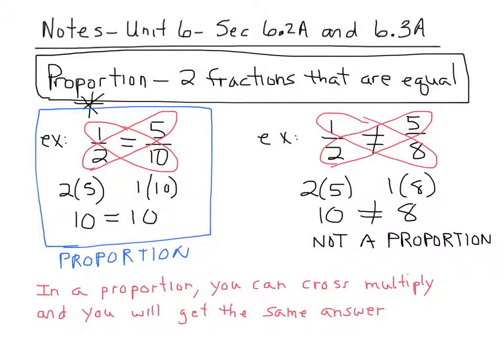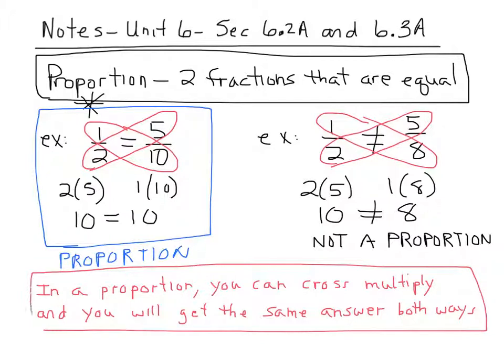You can cross multiply and you will get the same answer both ways. All right, that's very important, and we're going to use that little trick for much of our homework. Okay? All right, let me show you how it works with algebra.